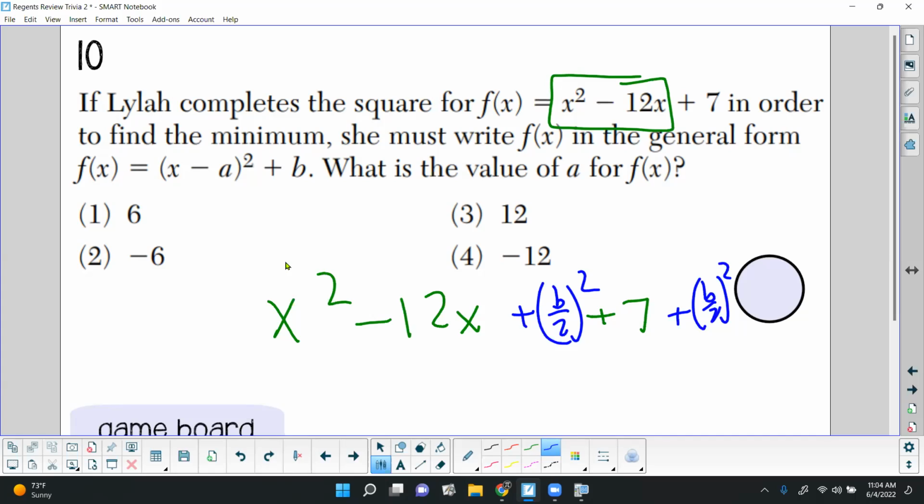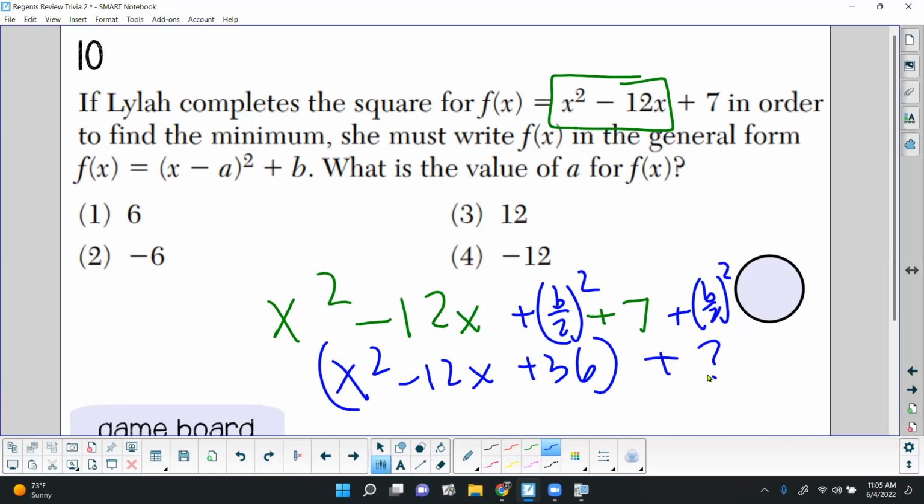But then when we go to factor this trinomial here, right? This 3-piece part and then the 36 plus 7 part over here. Remember, when you're factoring, you do the square root of the first and the square root of the last, and you keep the sign from the middle. Now look at this example here. There's already a minus sign here.